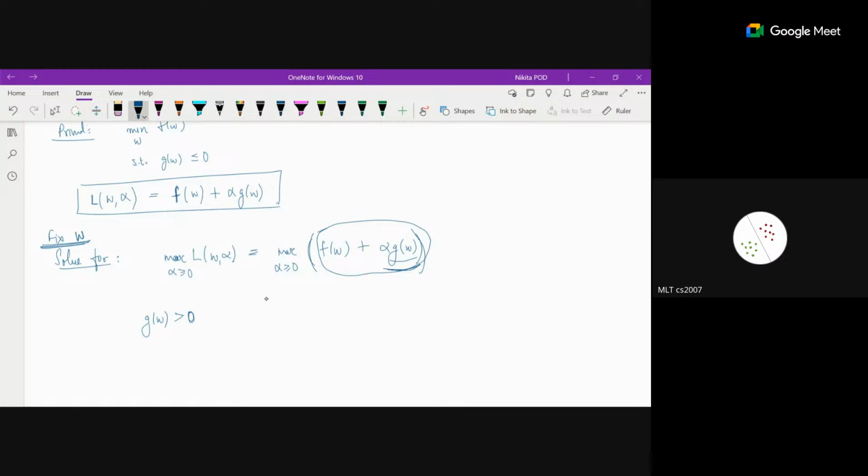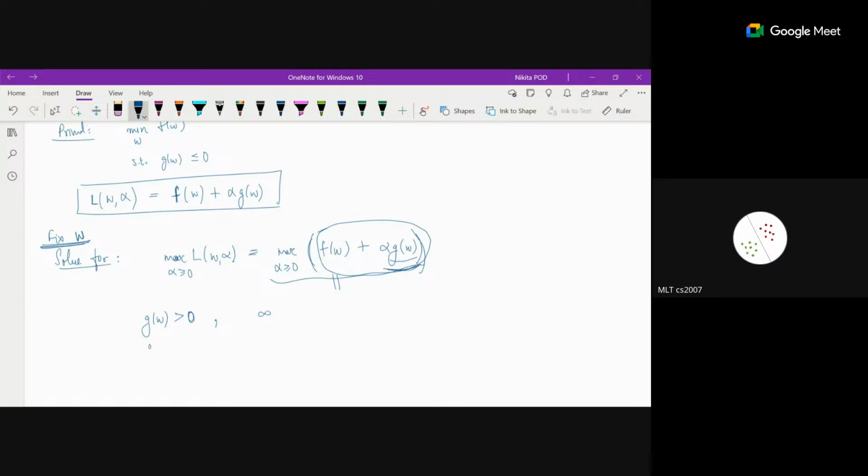So in that case, if g of W is greater than 0, the maximum value can go to infinity.